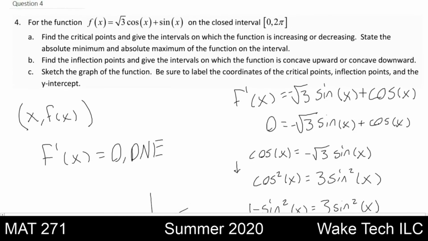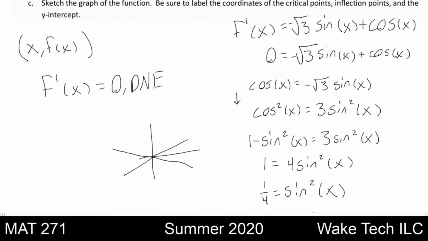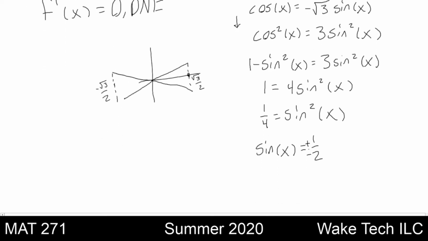Notice that all of these numbers fit in our interval from 0 to 2 pi. Alright, the corresponding cosine values of these would be right here, which is square root of 3 over 2, and right here, which is negative square root of 3 over 2. So we have 2 sine values and 2 cosine values.